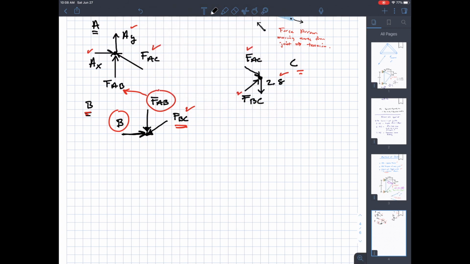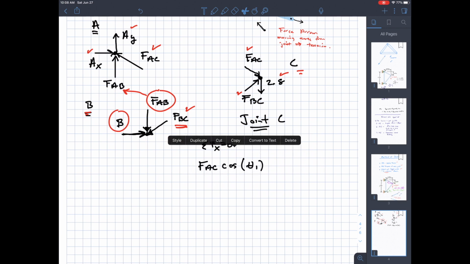Looking at joint C, what I'm going to do here is something you should already know how to do. I'm going to resolve these forces into their components. If I did sum of forces in the x direction equals 0, then I would have FAC moving to the right, but I need to resolve that into the horizontal component, so I would take FAC cosine theta 1.